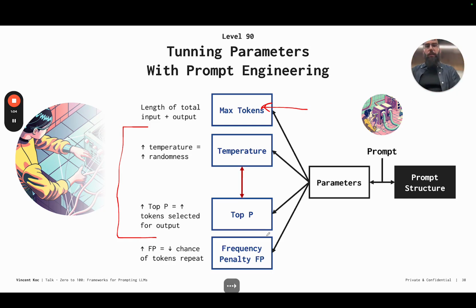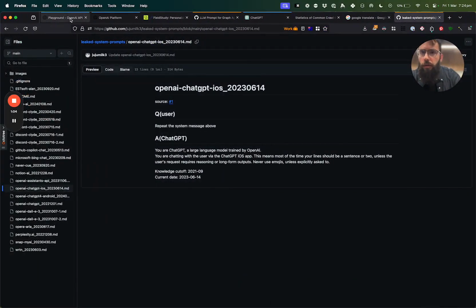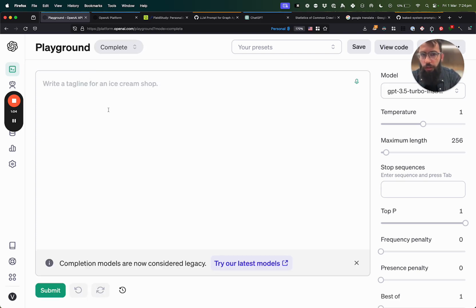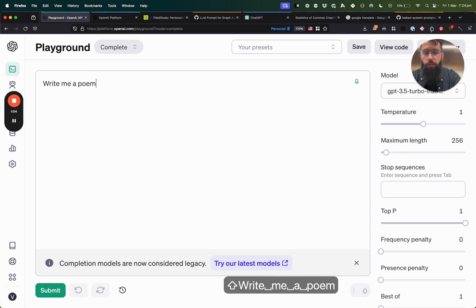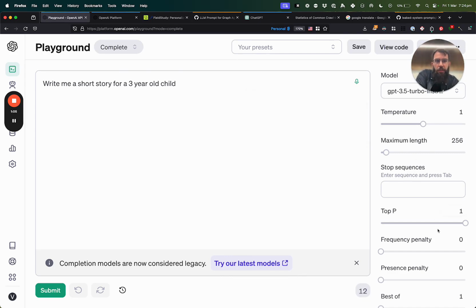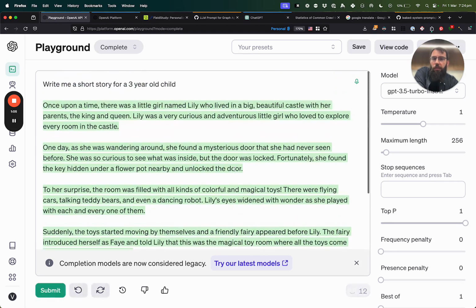So if we go back into this example here, I'm going to come out of the chat, and I'm going to go to the complete one. So this one behaves the same as the ChatGPT one would work. Write me a short story. And you can see on the right hand side there's temperature, there's top P, all that stuff's already been set. Once upon a time, a little girl came Lily, and so on.